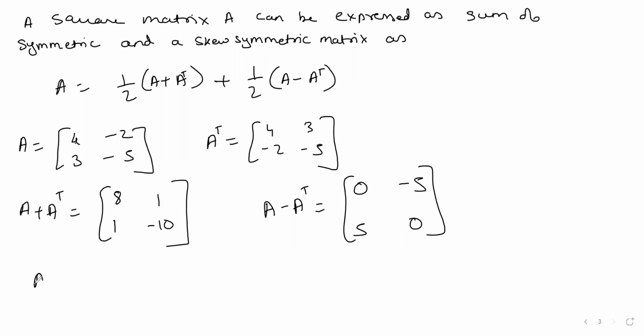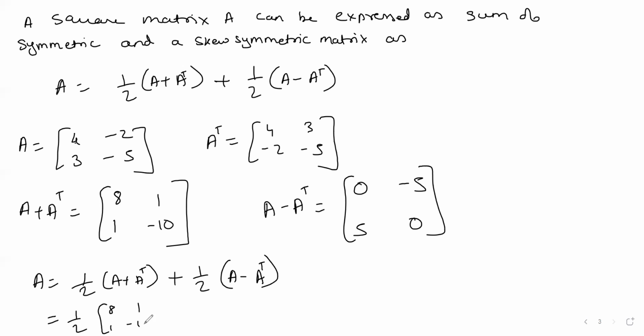Now matrix A is 1/2 (A plus A transpose) plus 1/2 (A minus A transpose). So this will be 1/2 of 8, 1, 1, minus 10 plus 1/2 of 0, minus 5, 5, 0.